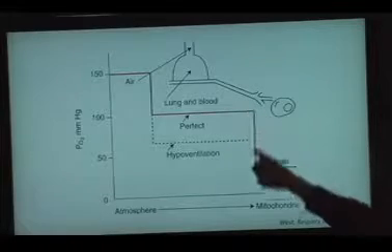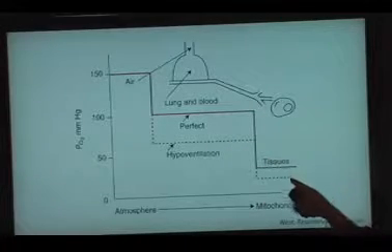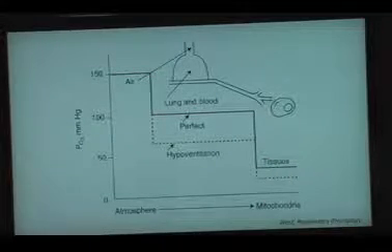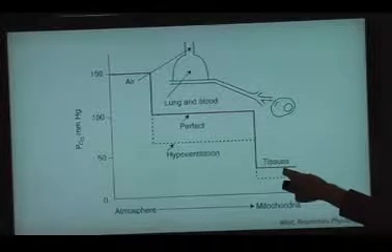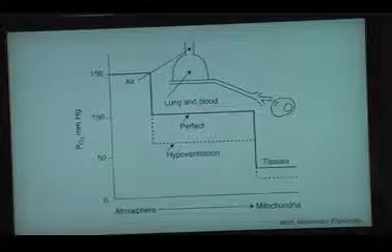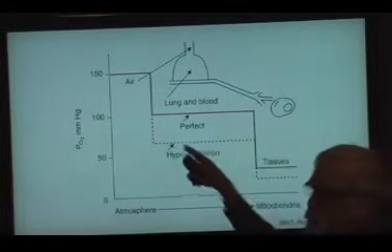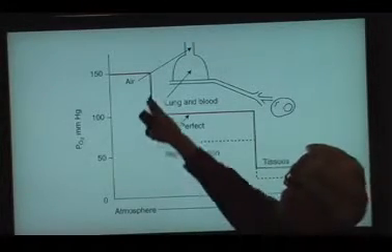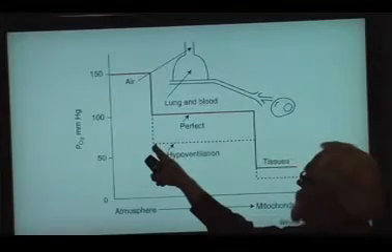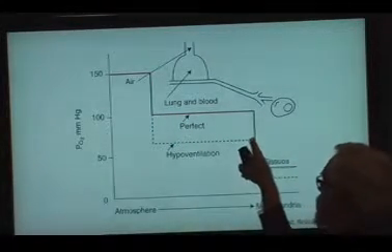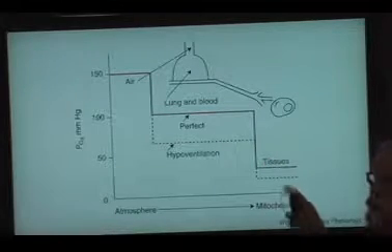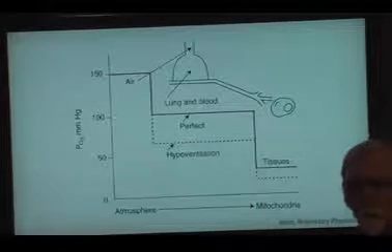And then the PO2 in the tissues drops down to about 40 millimeters of mercury or so, essentially the PO2 in the mixed venous blood. However, with hypoventilation, as a result of the alveolar gas equation, that will result in a lower alveolar PO2, a lower arterial PO2, and that could result in tissue hypoxia.